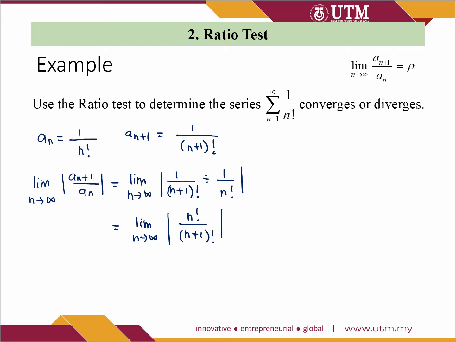Okay, so you know that n factorial equals 1 times 2 times 3 times 4 times up until n.